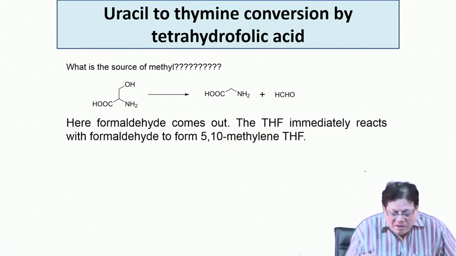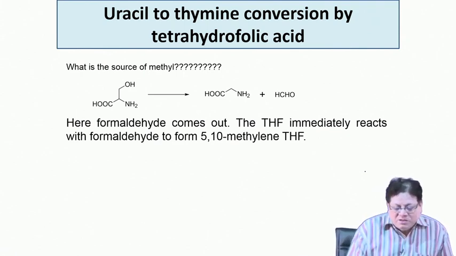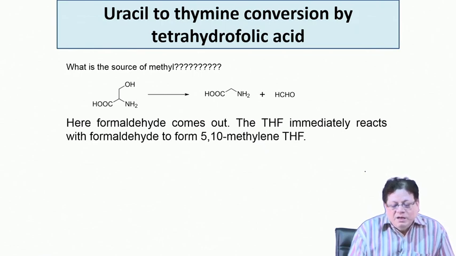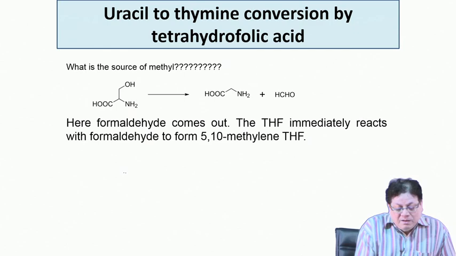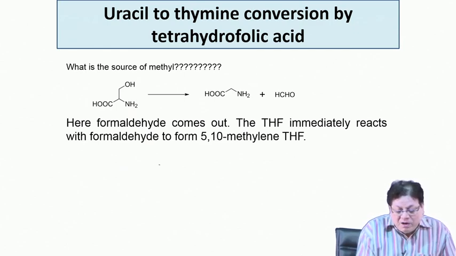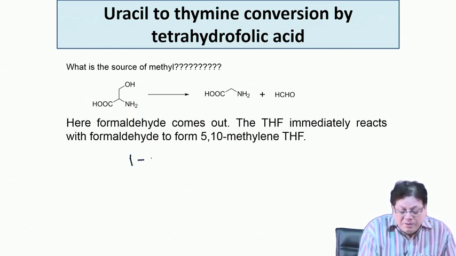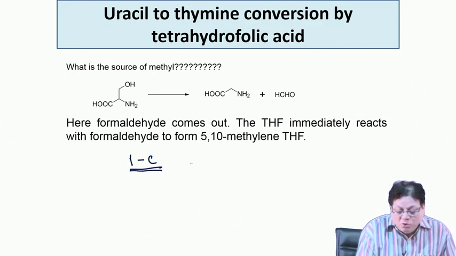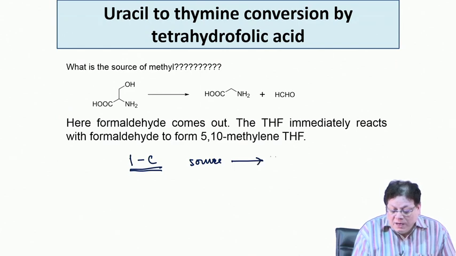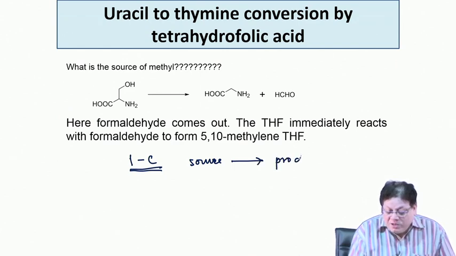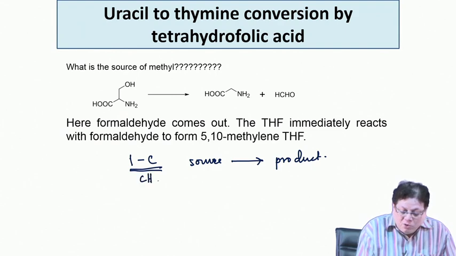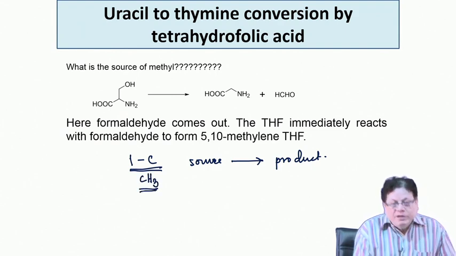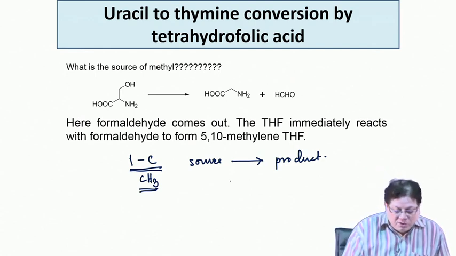Okay. Now, I told you in the last session that this tetrahydrofolate participates in the transfer of one carbon from some source to a product. So, it transfers one carbon, which mostly could be in the form of methyl, or it could be in the form of CH2OH, that is also possible.